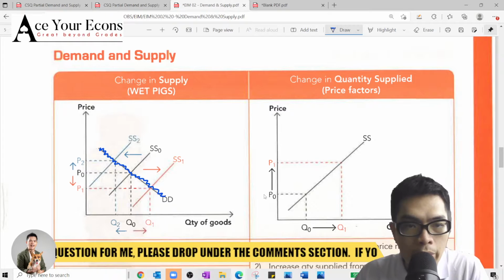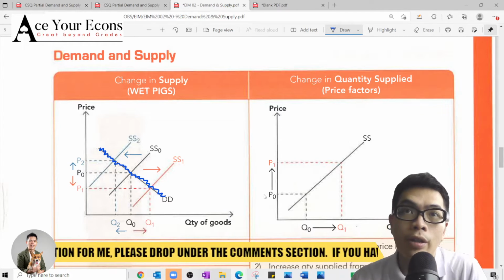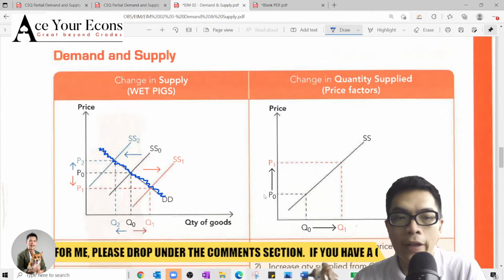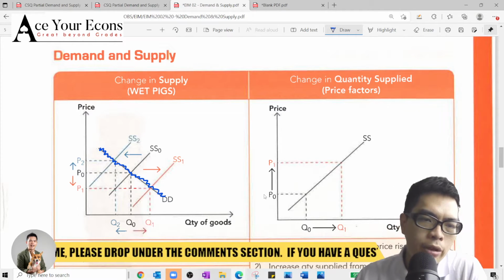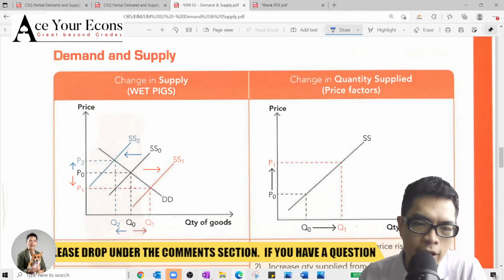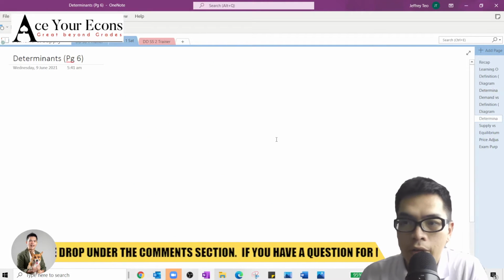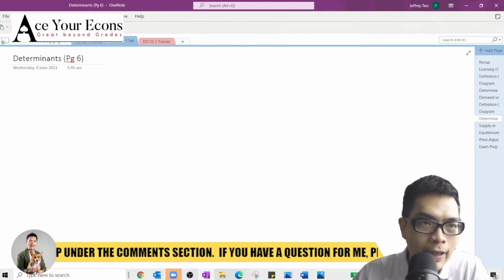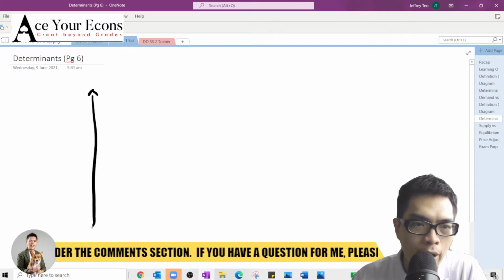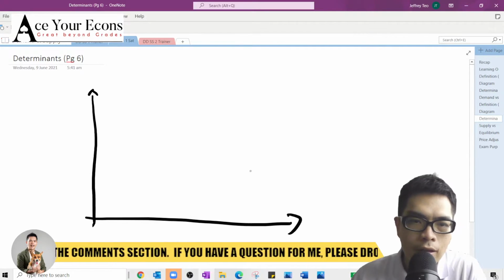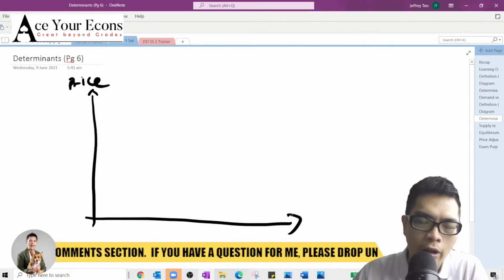This is what we call changes in your supply, or non-price factors. Maybe I'll just redraw this for simplicity's sake. I don't want you to pay the price for the shortcuts I take. So please kindly join me in this drawing activity.